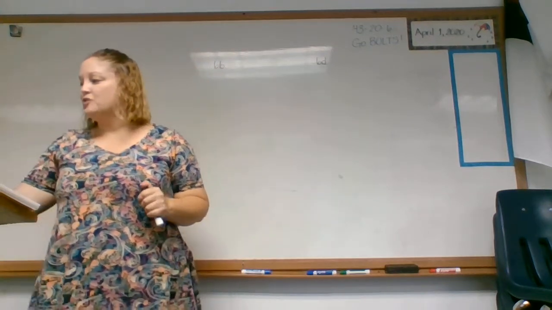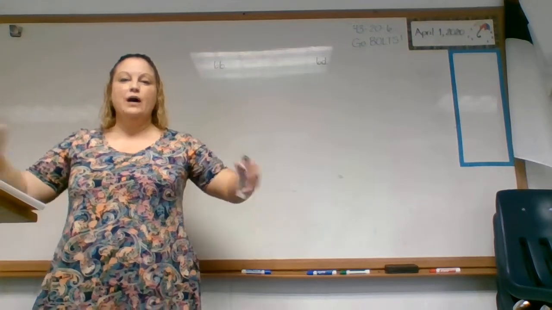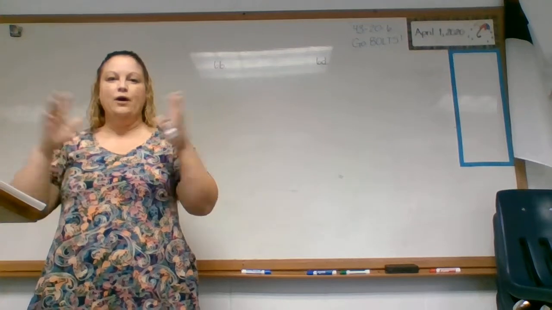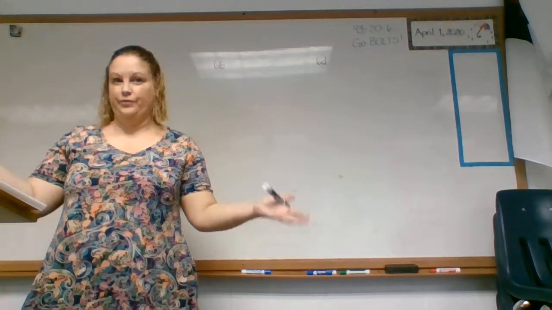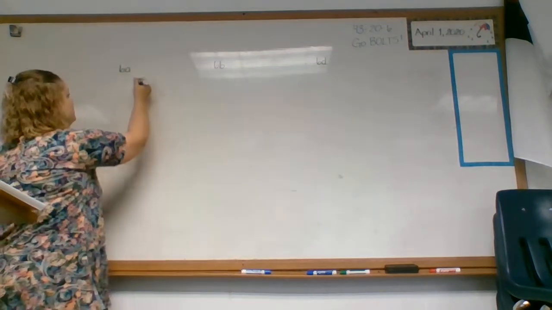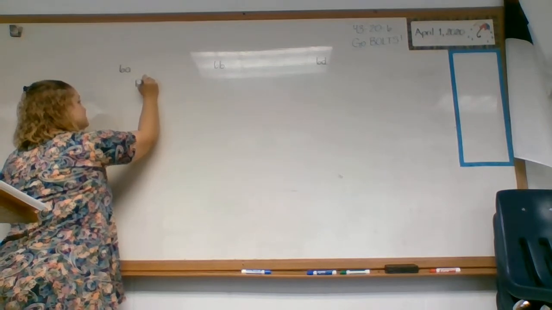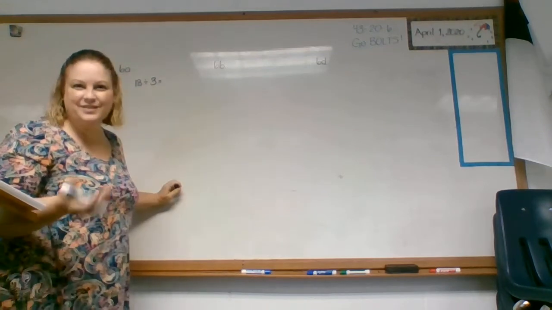All right, A says the perimeter of an equilateral triangle is 18 feet. That word equilateral means it's the same all the way around. All sides are equal. So we know a triangle has 3 sides. So if the perimeter is 18 feet, we know to find the side, if it's equilateral and all 3 sides are the same.